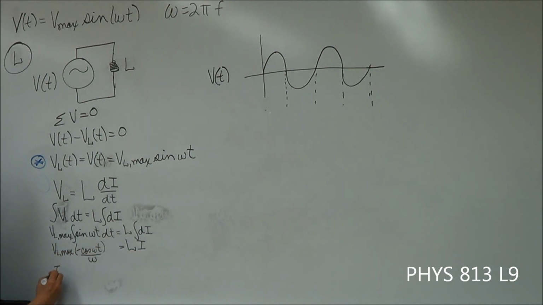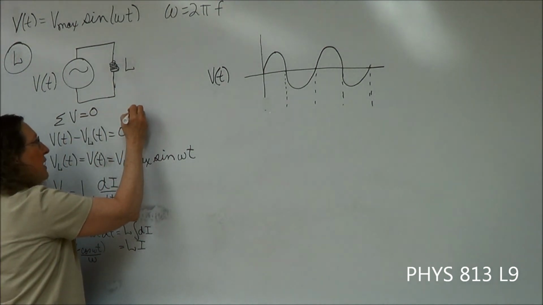So I'm going to have I for the inductor as a function of time is equal to, and actually I'm going to do a couple of things since I'm kind of running out of space. Remember we had an identity for cosine. This is not cosine, this is minus cosine.